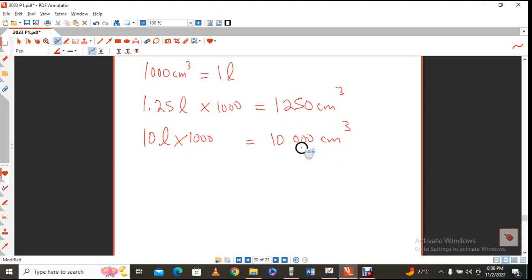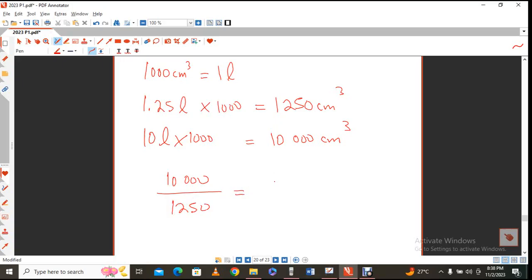All right. So if you now look at the volumes and compare them, the volume of the big one is 10,000 and the volume of the small one is 1,250. It should equal the sides that I have.